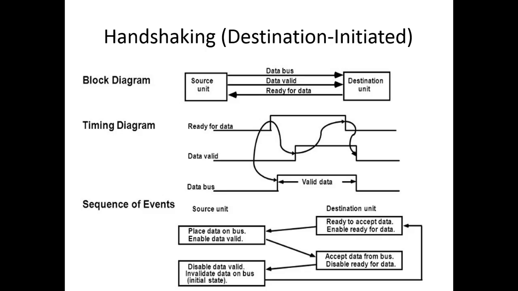After some time, the source also disables data valid. So now the data available on the data bus does not have any significance, as now it is considered as invalid data, and this again puts the system in the initial state.